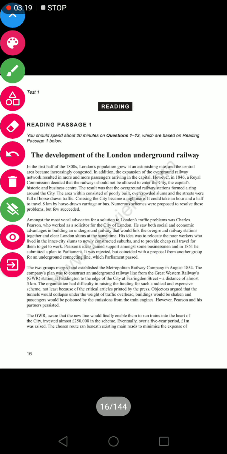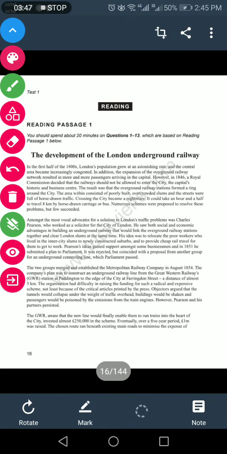The capital's historic and business center, the result was the overground railway stations formed a ring around the city. The area within consisted of poorly built, overcrowded slums, and the streets were full of horse-drawn traffic. Crossing the city became a nightmare. It took an hour and a half to travel. So here we can't find our location, so we have to move on to another passage.